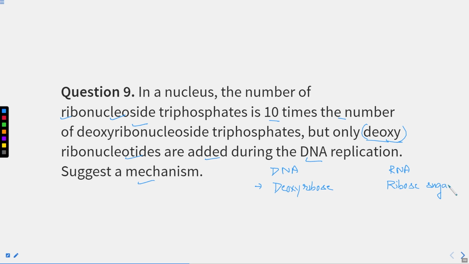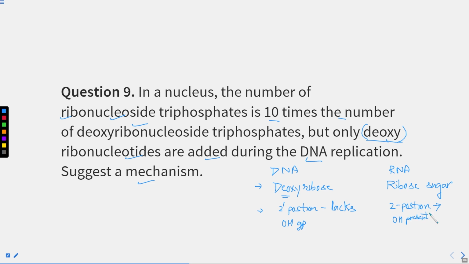Deoxyribose means that at the 2' position, the second position, it lacks the OH group. Instead of OH, you have only H. Whereas in ribose sugar, at the second position, what is present? OH is present.